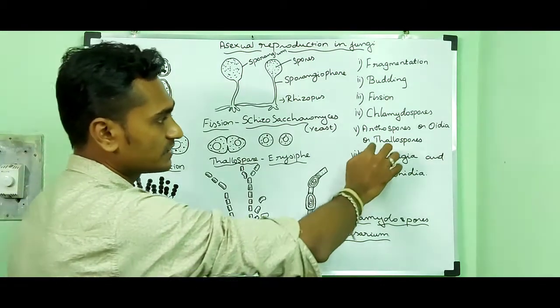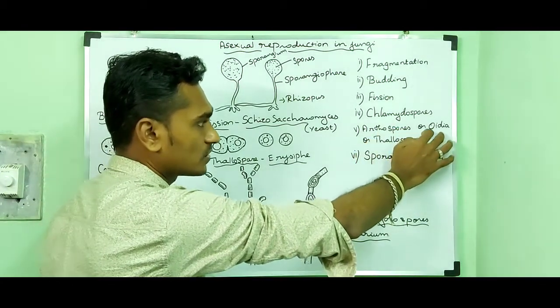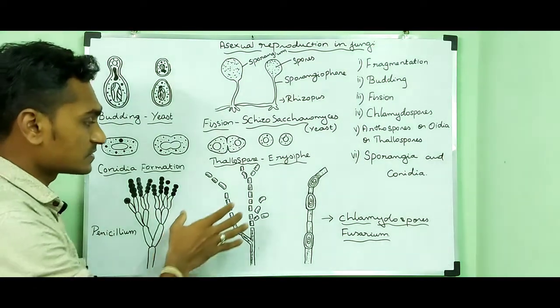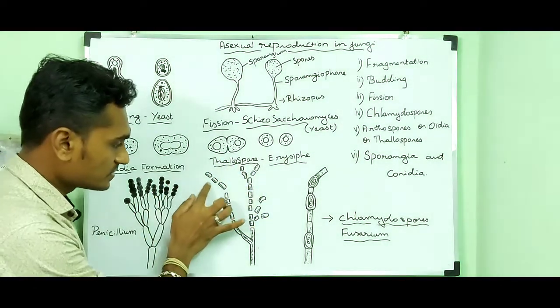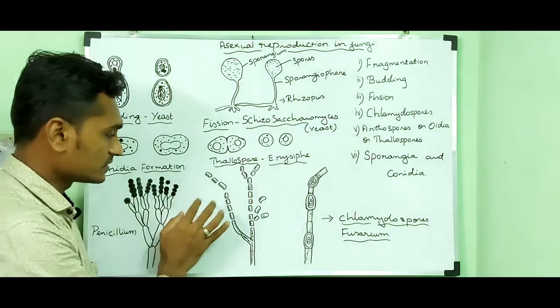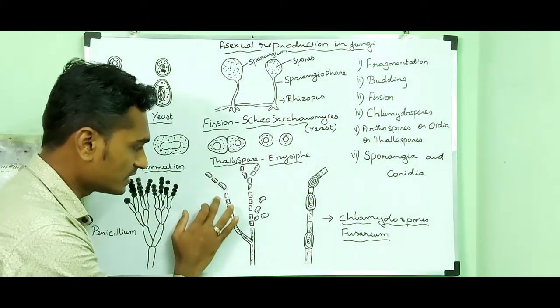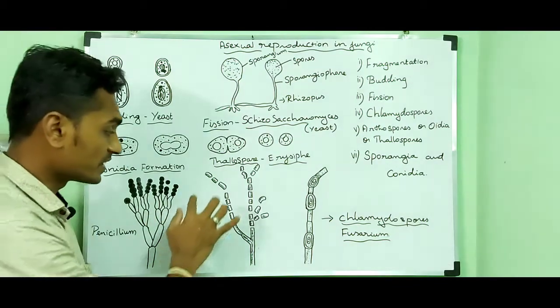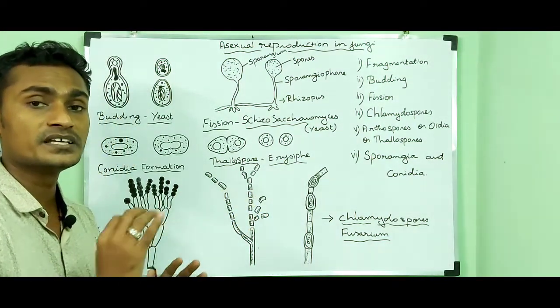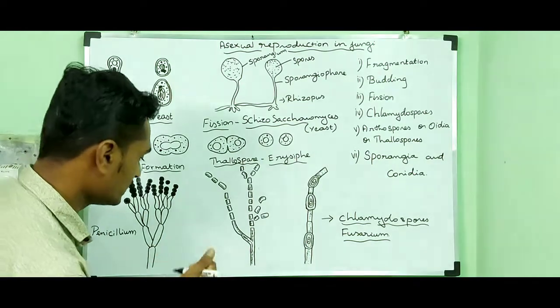Then the next method is called arthrospores or oidia or thallospores. The cells of the hyphae at the distal end get rounded off and they get separated in basipetal succession.